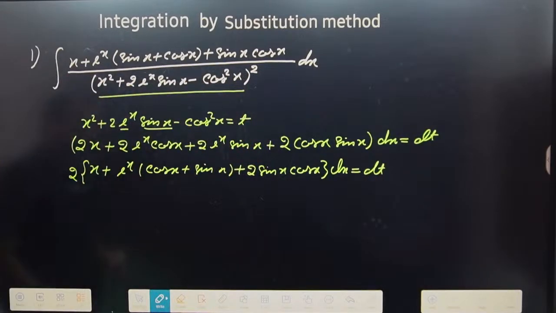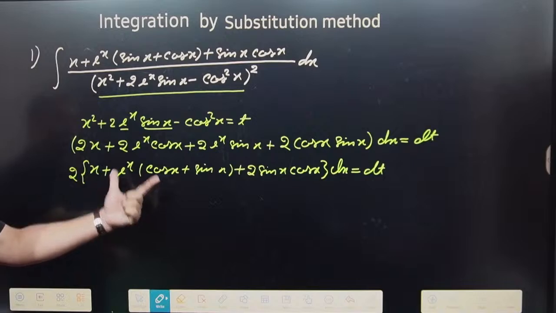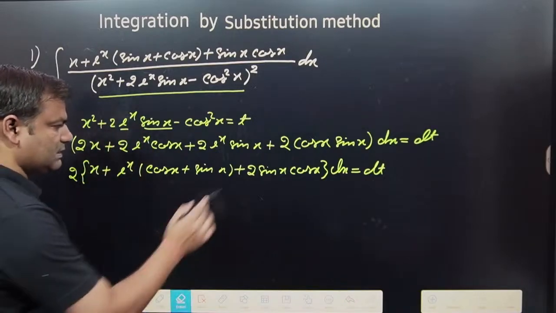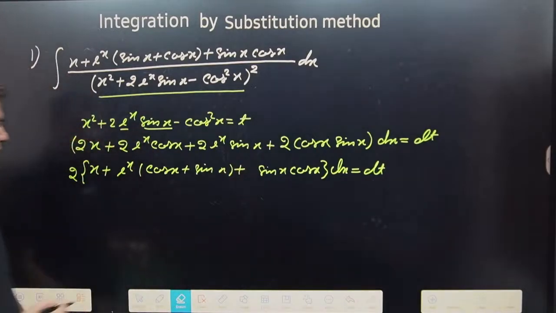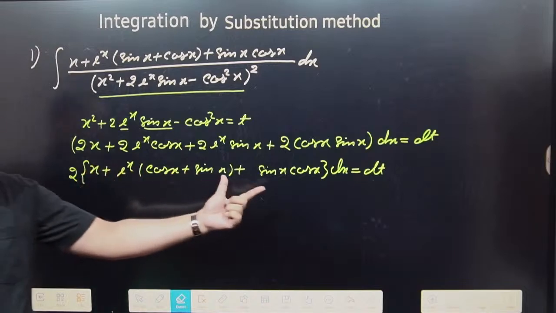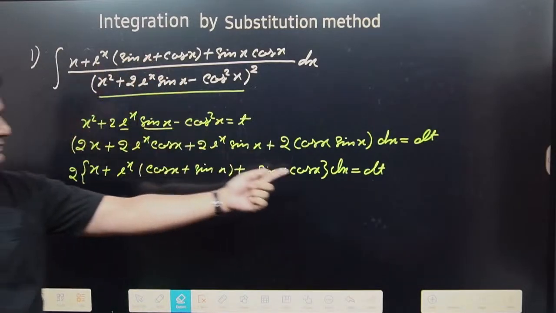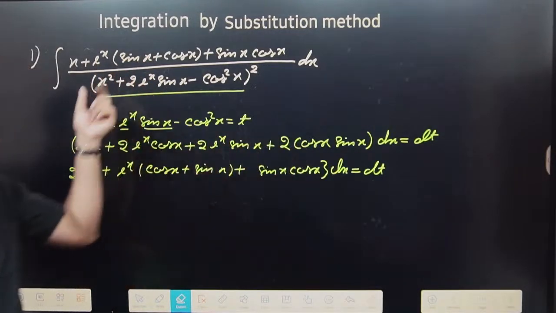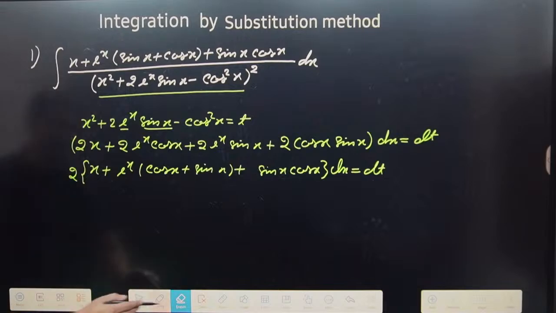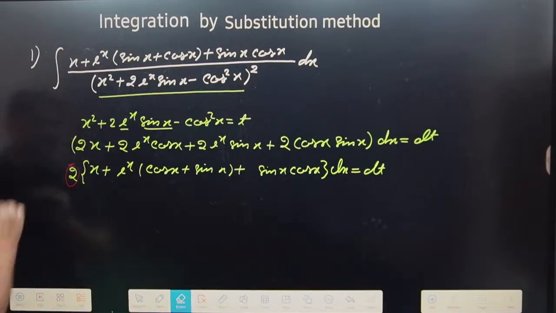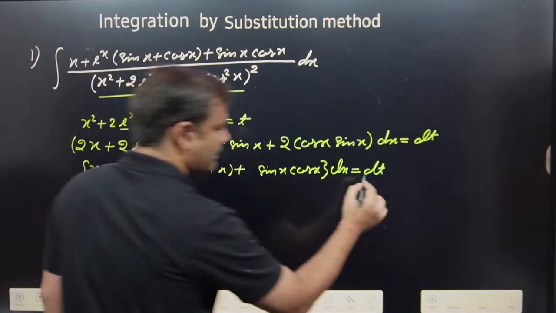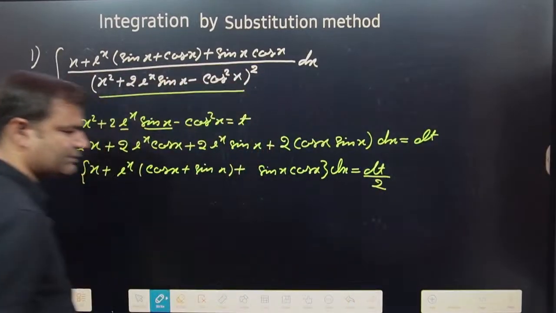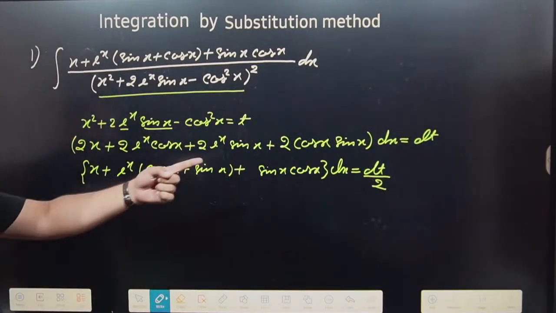Okay, 2 common, that's why we wrote it. Now what about that part? That you can say is dt by 2. I hope it is clear, so that part is written dt by 2.